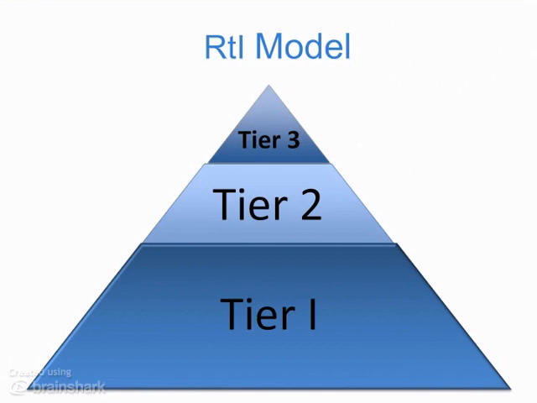As you look at each tier, know that in every single tier, progress monitoring is required with frequent probes so that we're getting the data we need on the students and we know if they're making progress or if they need more intense instruction. If a student's not making progress, then the team might look to move the student to the next tier.